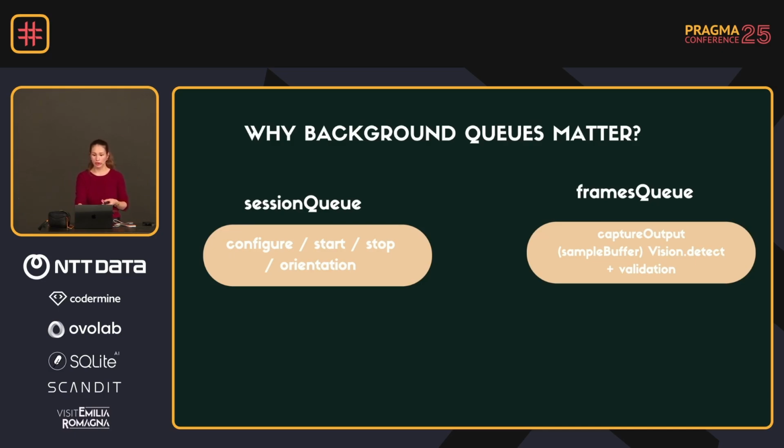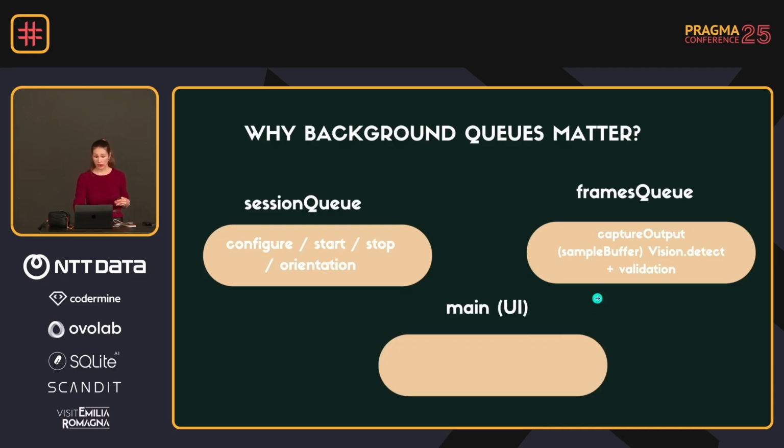So each camera frame comes, and we call the capture output, and inside that, Vision detects the faces, validation logic runs, and we decide what to actually draw on the UI later. Finally, the third queue would be the main UI. So whatever we are doing in the back of the app, we have to then reflect and show it on the UI. We have to show the faces, contours, and make sure that it's all done at the same time.